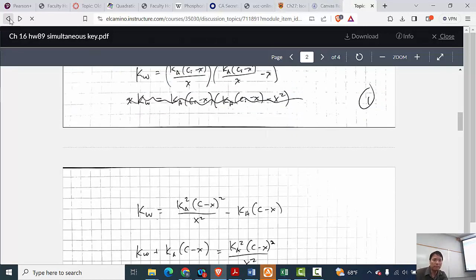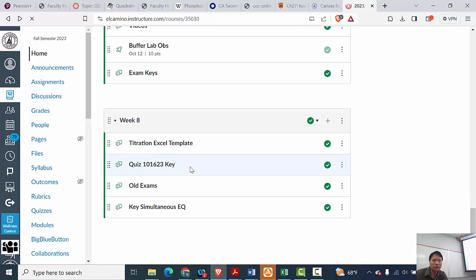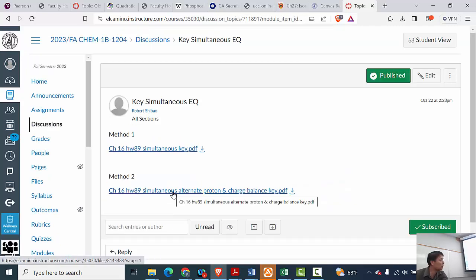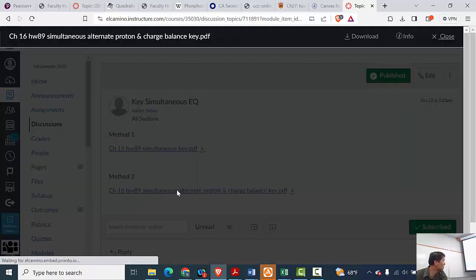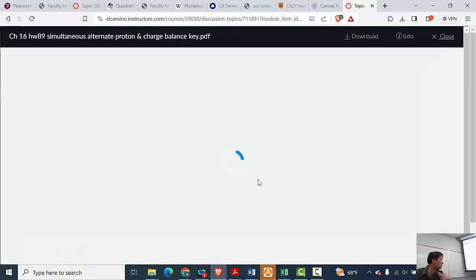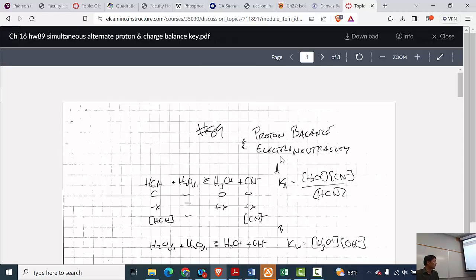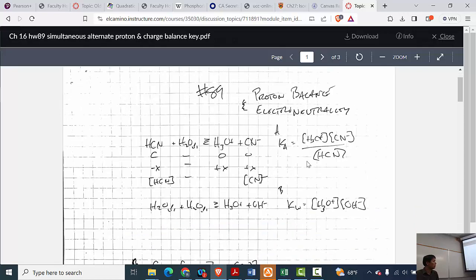That's one way. There's another way that you could solve this. And this is called a mass and charge balance. This is the way that you do it in computers. So if you're writing a program to solve these kinds of things, do it something like this, where you come up with as many equations as you can.